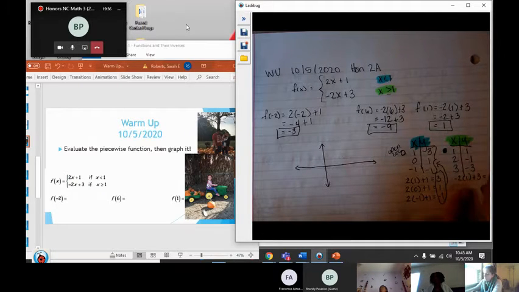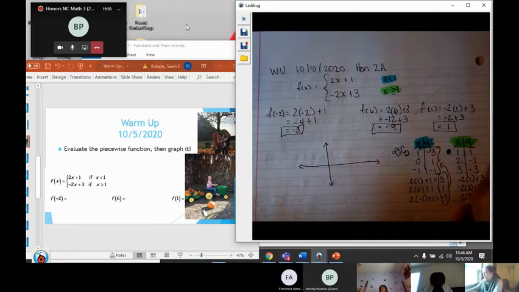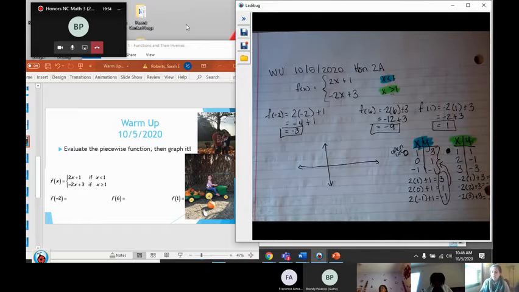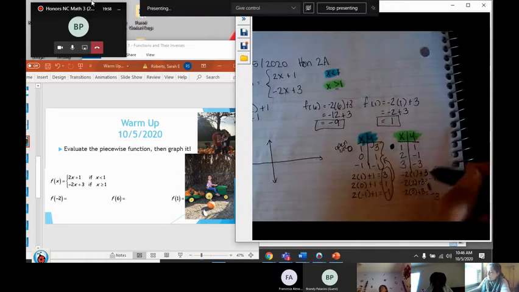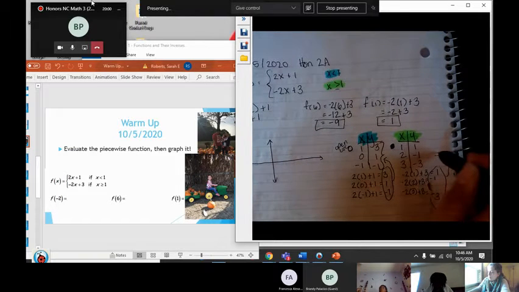That's going to give me 1. -2 times 2 plus 3 is going to give me the -1. And -2 times 3 gives me -6. And when I add 3 to that, I get a -3 as my total. Okay, so those numbers then filled in for my y values up here.